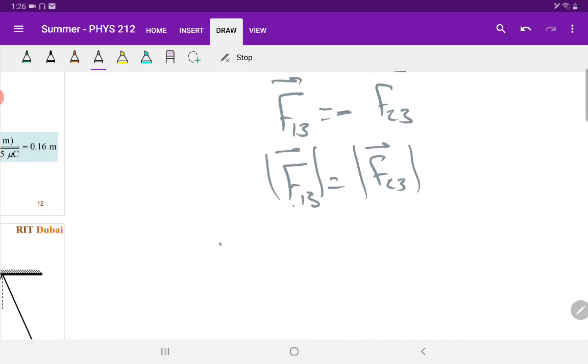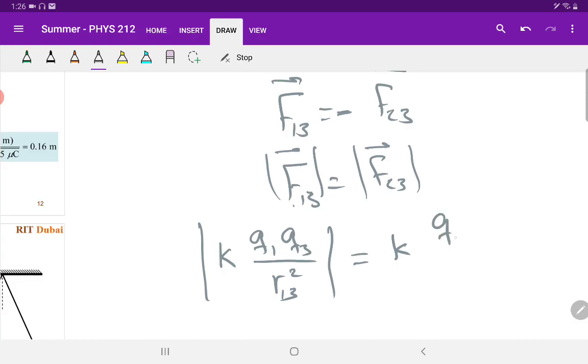According to Coulomb's law, it's K, Q1, Q3, by the way absolute value, divided by R13 squared. Again, keep in mind that I'm looking for magnitude here, so I don't care about the sign of the charge at this moment. And the second one here will be K, Q2, Q3 divided by R23 squared. Again, I'm looking for magnitude.